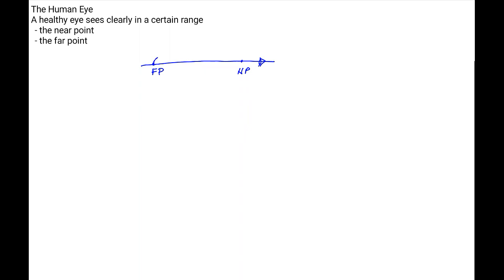So a healthy eye sees clearly in this range, and then it becomes fuzzy everywhere outside that range. Again, the near point is how close to the eye an object can be brought and still seen clearly. The far point is how far away from the eye an object can be placed and still seen clearly.